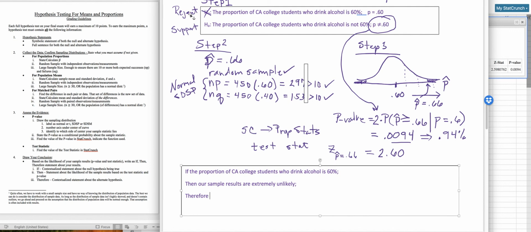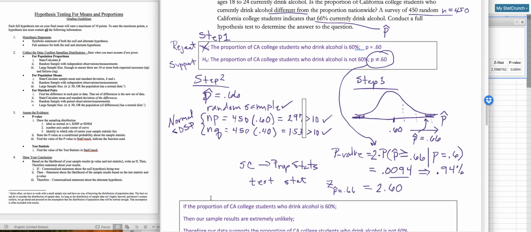So we rejected H0, we support HA, which is essentially this sentence we have here for HA. So therefore, our data supports the proportion of California college students who drink alcohol is not 60%. And that is our final conclusion.